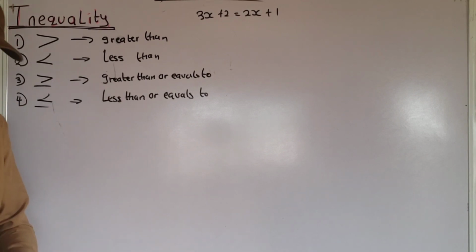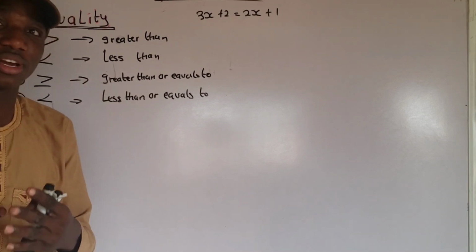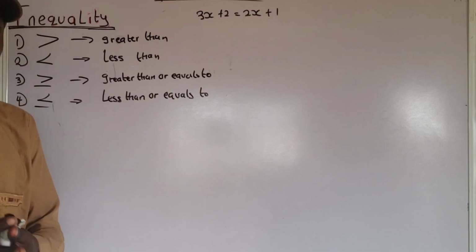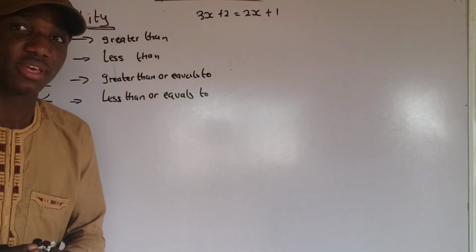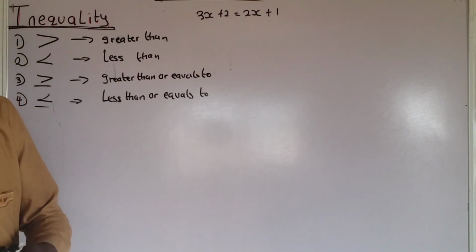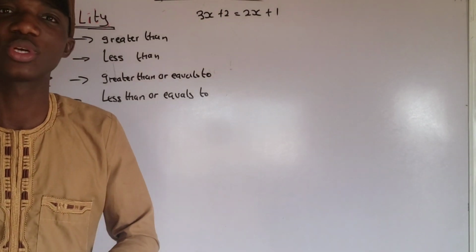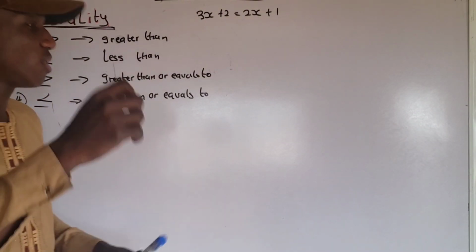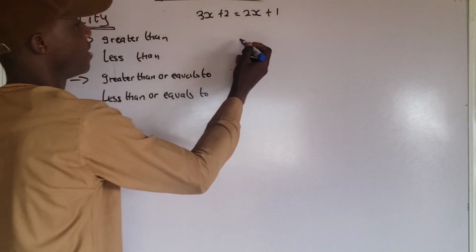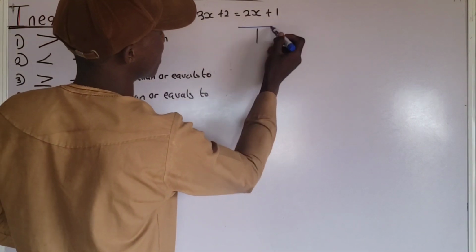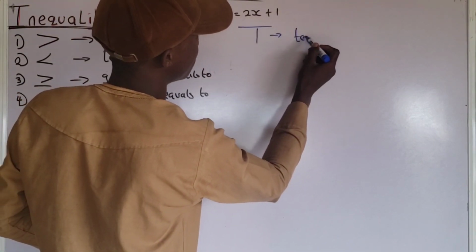So let's say T is for temperature. I want to teach you how to interpret inequality questions now. That is why I cite this example. The temperature today is less than 20 degrees Celsius.